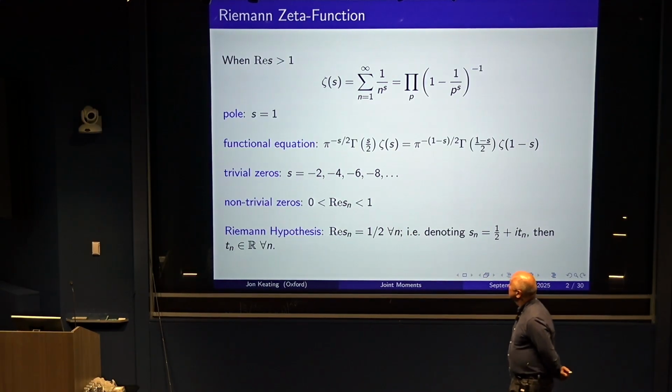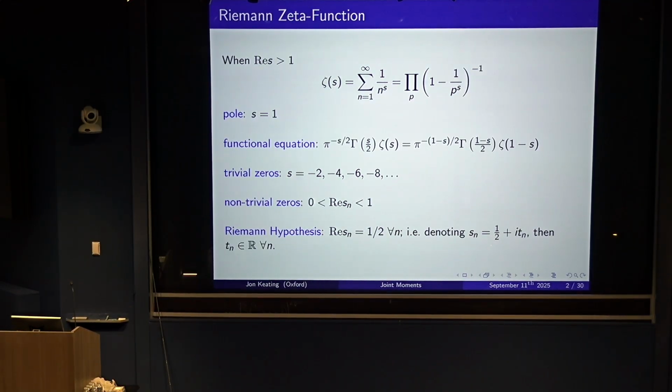So just for the sake of completeness, I'm going to structure this by talking about the Riemann zeta function, although as I'll make clear, it's much more general than just the zeta function. So zeta is defined there for you as a Dirichlet series or an Euler product, and it has a functional equation, which you'll all be familiar with.